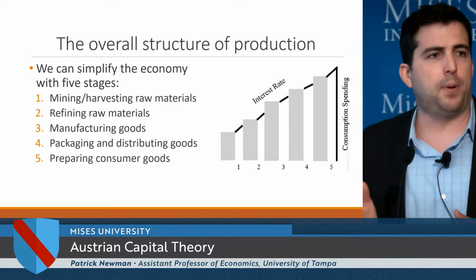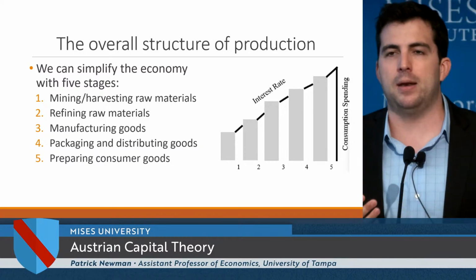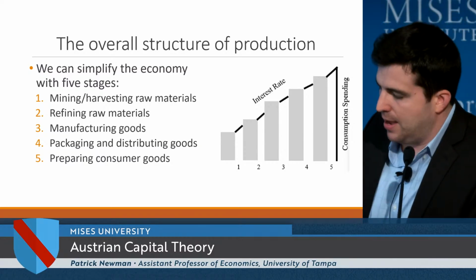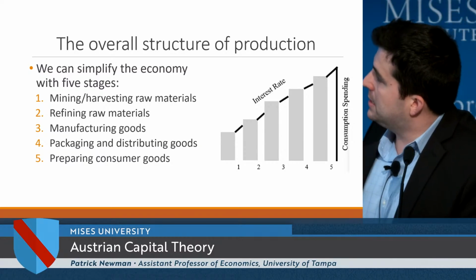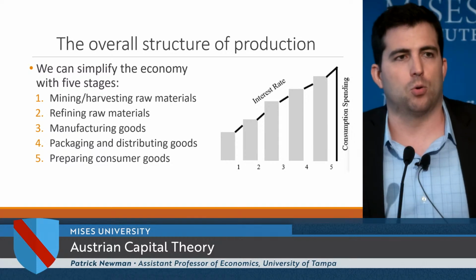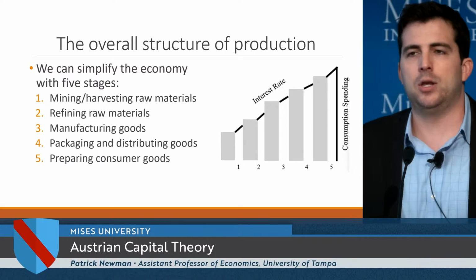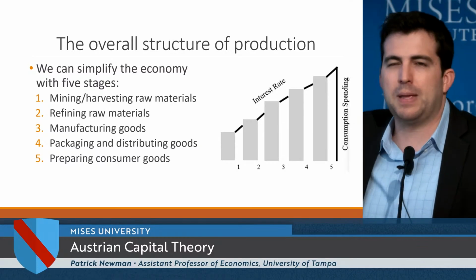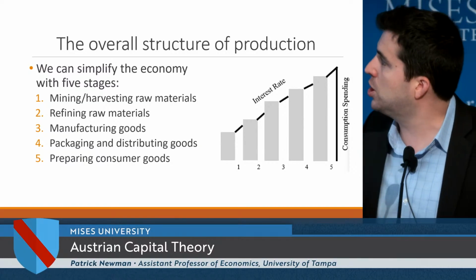So the gray bars represent the money that's spent or the money that's earned. Say in the first stage, the capitalist is hiring some workers to mine iron or whatever. They have to pay the landowner or the mine owner. We'll just say they could be purchasing some capital goods, obviously digging equipment and so on.